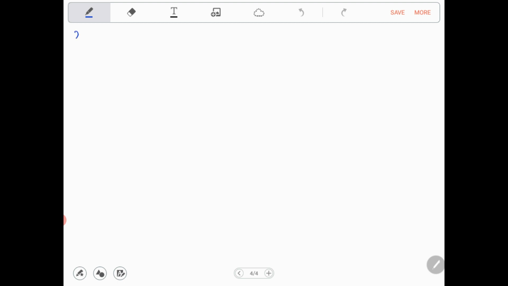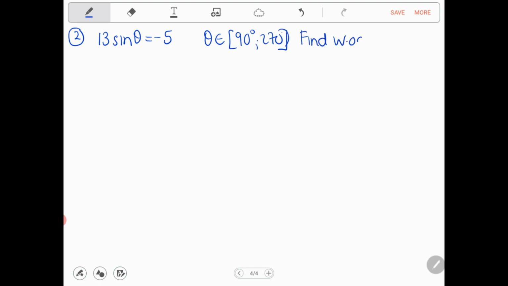All right, let's try another one, number 2. 13 sine theta is equal to -5. Theta lies between 90 and 270. Find, without a calculator and with the diagram, cos theta plus sine theta.